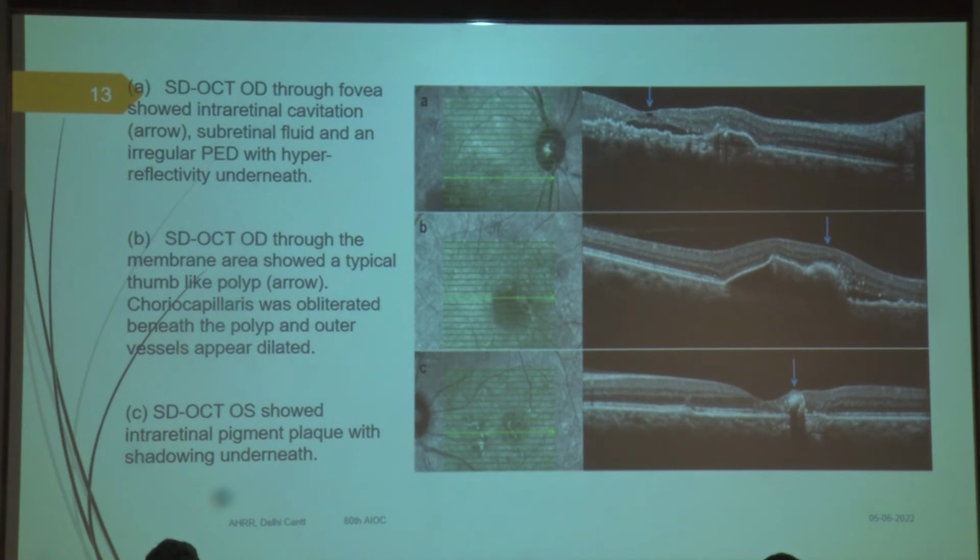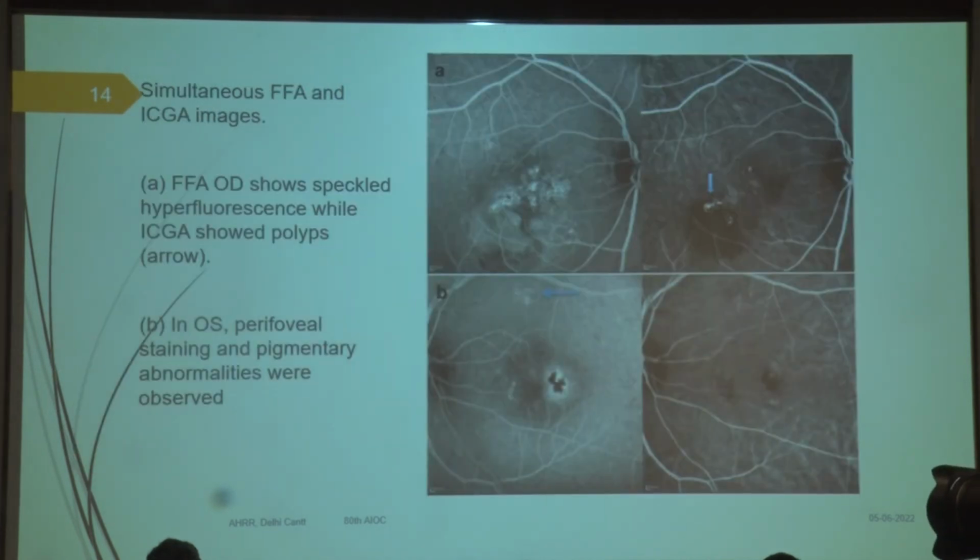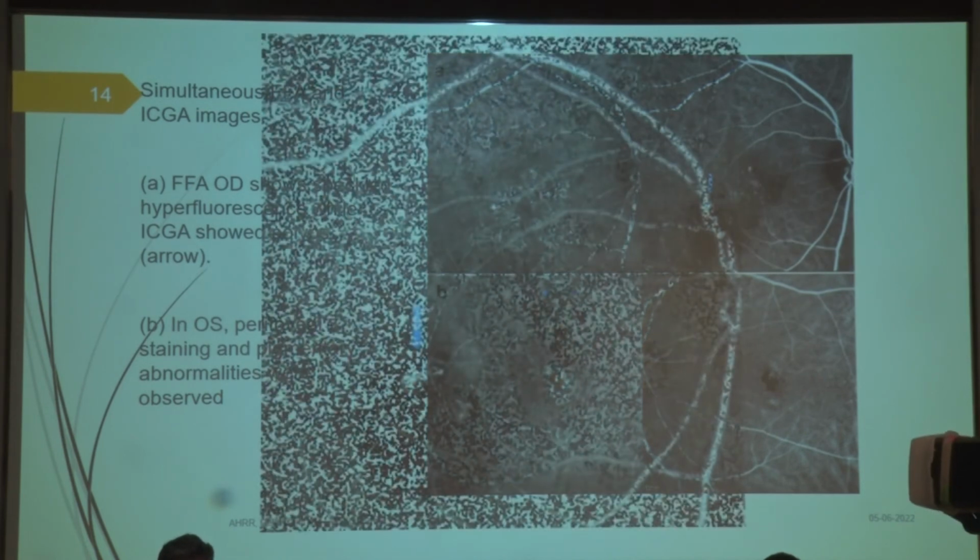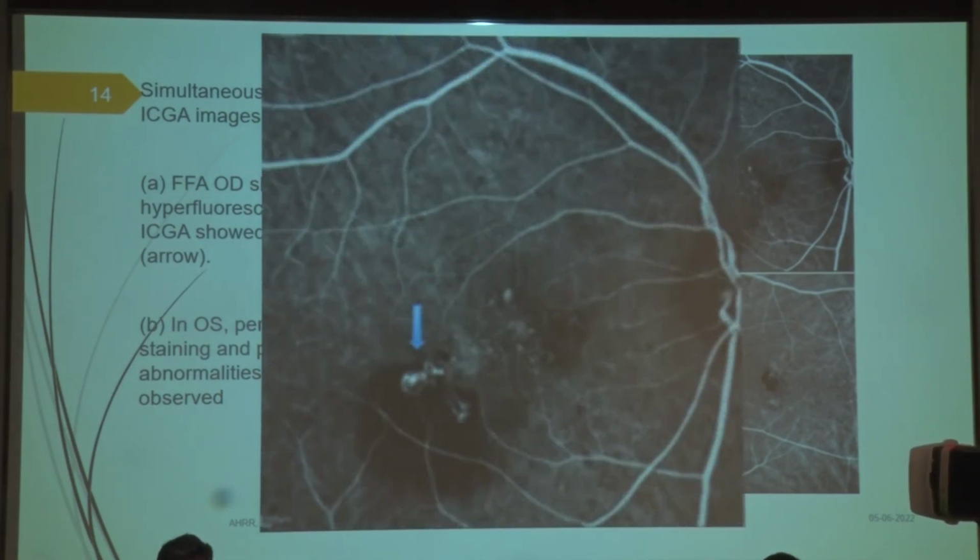So while the intraretinal pigment plaque is pointing towards macular telangiectasia, in scan B we can see something which is now looking like a PCV case. So now we take up a simultaneous FFA and ICGA, and the mystery is resolved. The polyp becomes quite clear, and we treated this case and the vision was restored happily.